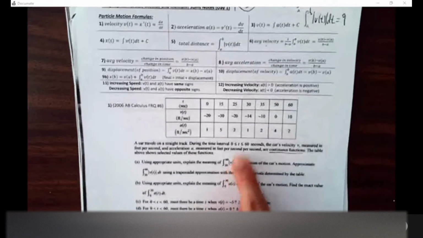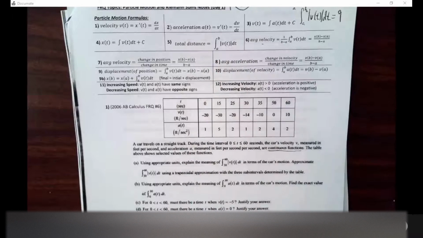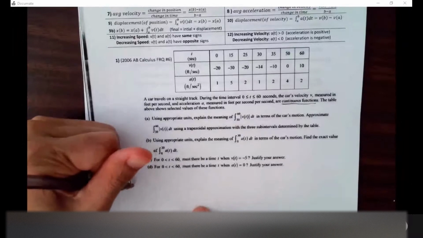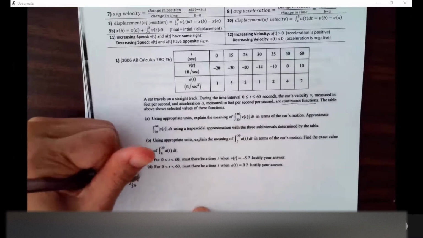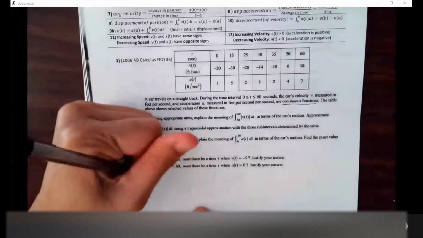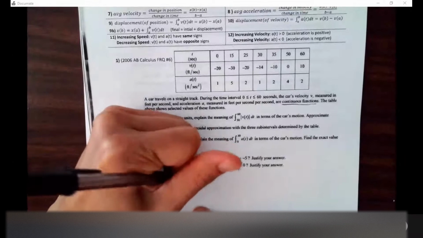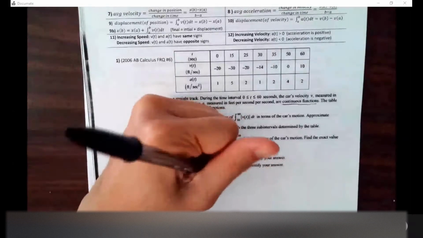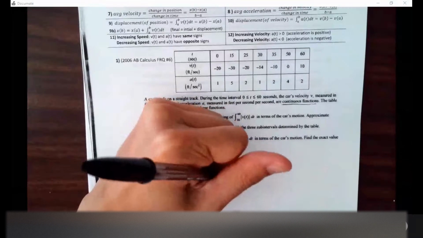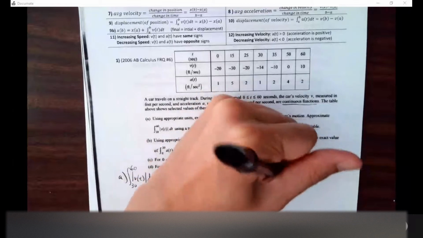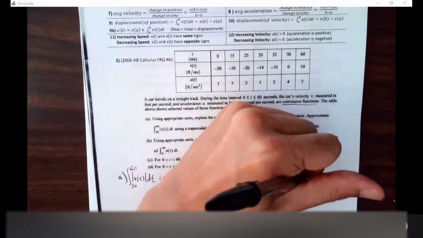Well, we know the absolute value of v of t is going to refer to total distance, so we can include that in our explanation. Total distance traveled between the two time periods, between 30 and 60 seconds.